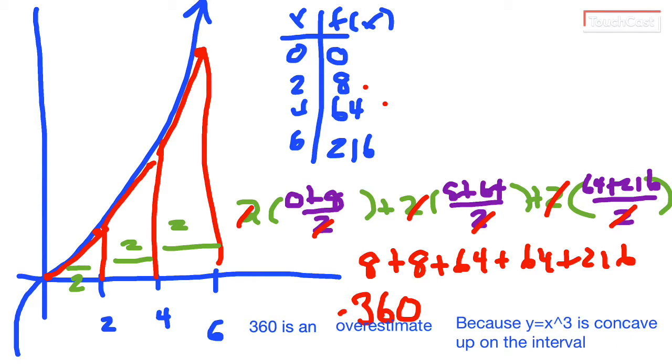That should both be closed parentheses. It doesn't actually matter if they're both open or both closed. There we go, 0, 6. Final answer: my 360 is an overestimate because that function that I was trying to find the area under is concave up on that interval.